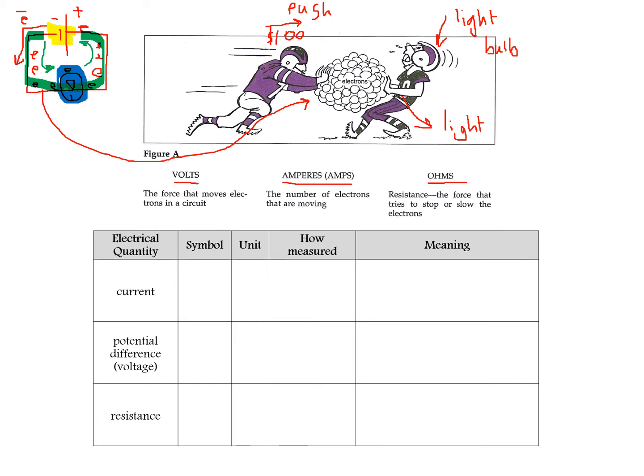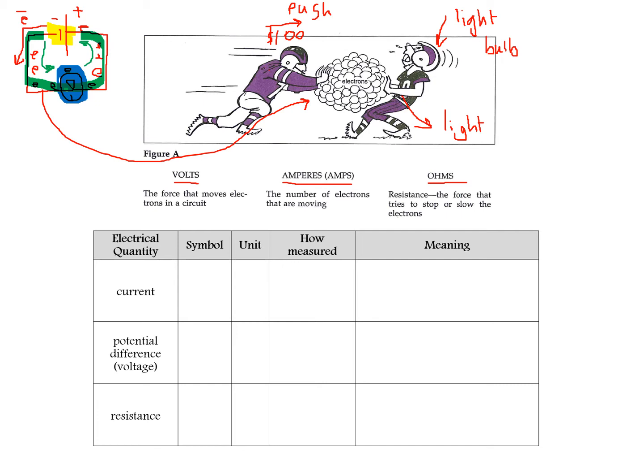It keeps going until the battery is dead. That's why you have to buy a new battery. Okay? So again, my battery is volt. My current, the electrons, is ampere. And my light bulb, which is resisting, is called ohms.